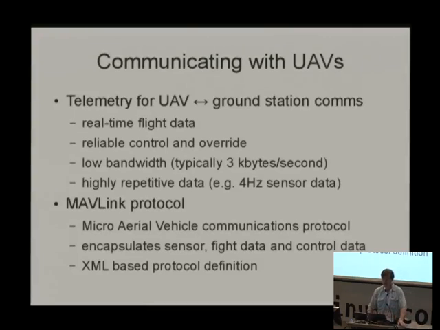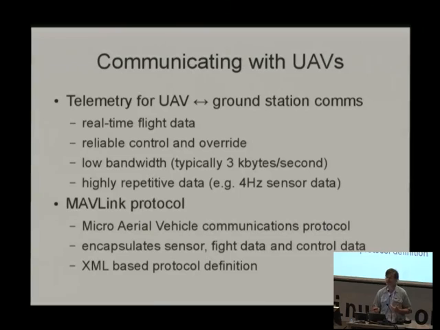So, communicating with UAVs is a little bit different to communicating over the internet. There are some fairly specialised requirements. We have real-time flight data, telemetry data coming down from the UAVs, typically a few kilobytes per second, and that's things like your attitude information, the raw sensors, your barometer, the navigation information, where the plane is trying to go, where it currently is.